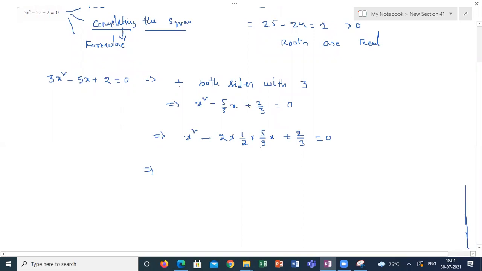So I am writing x square minus 2 into x into 5 by 6 plus 2 by 3 is equal to 0.